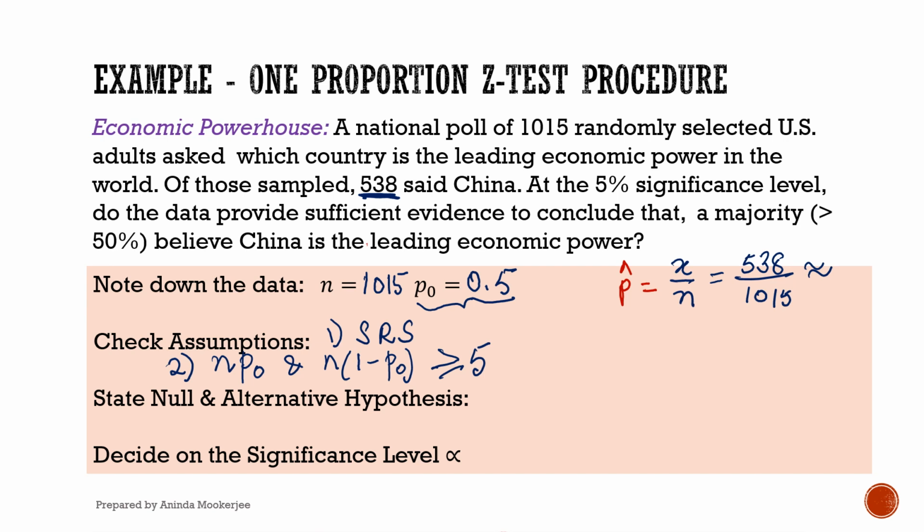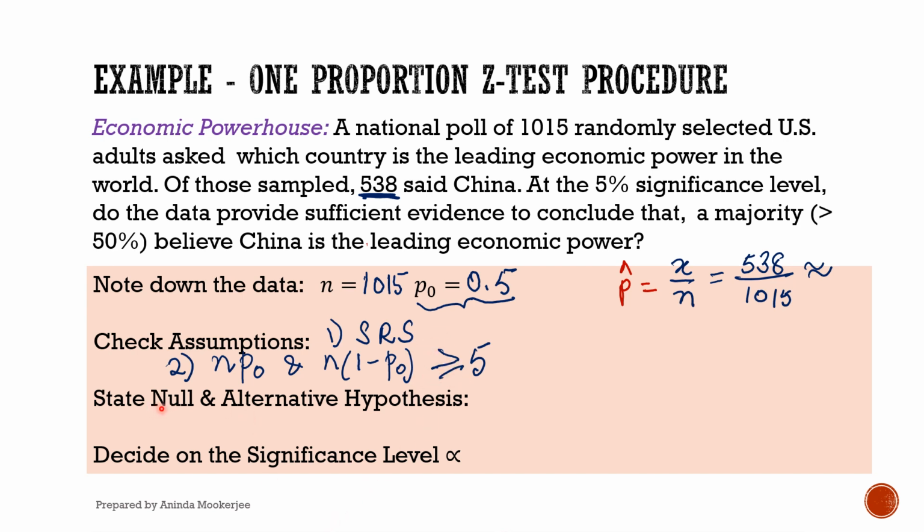All right, p sub 0 is 0.5, so 0.5 times 1015 is definitely greater than 5, and 1 minus p sub 0 is also 0.5, so that times n will also definitely be greater than 5. So both conditions are met, both assumptions are met.